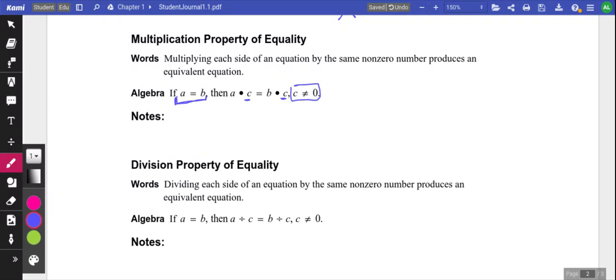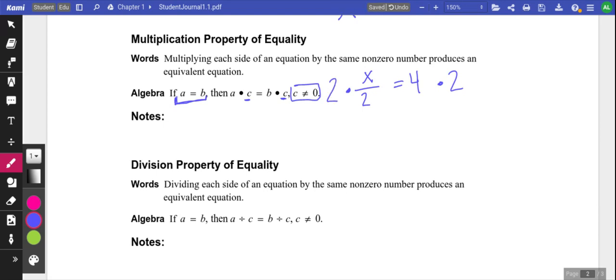Let's do x divided by 2 is equal to 4. Let's multiply each side by 2. I've got 4 times 2, and I want to multiply because multiplication is the inverse operation to division. Then I've got times 2 over here.